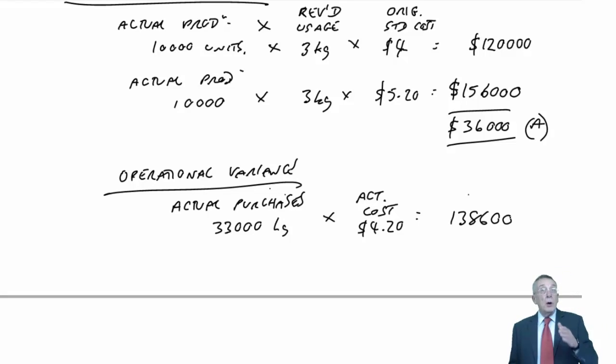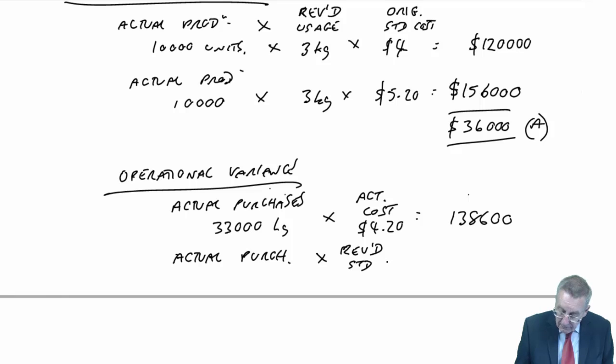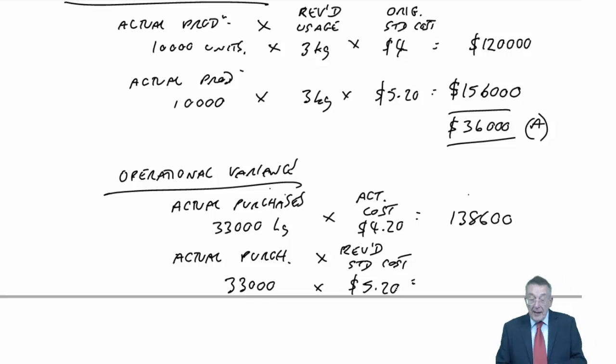And we compare that with what we should have spent, but using the revised standard. So actual purchases at revised standard cost, 33,000 kilos at $5.20.